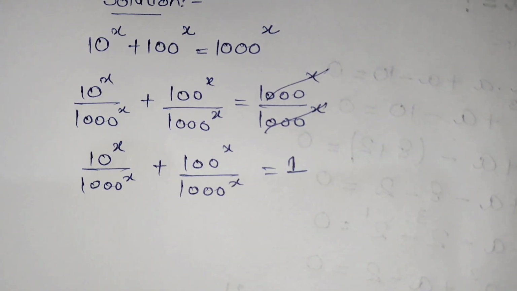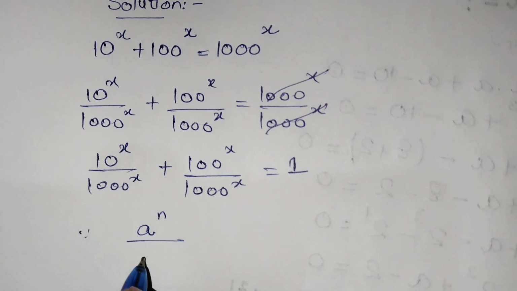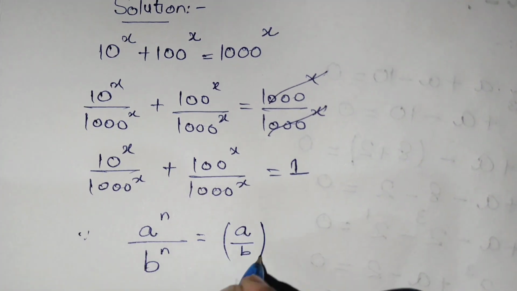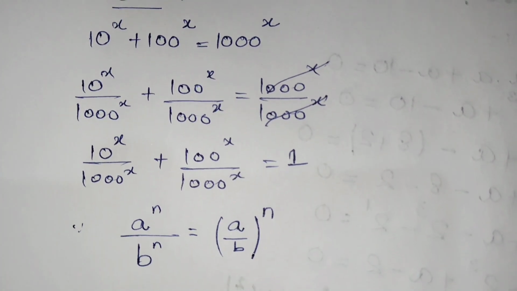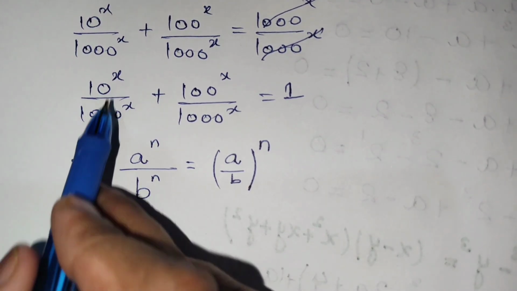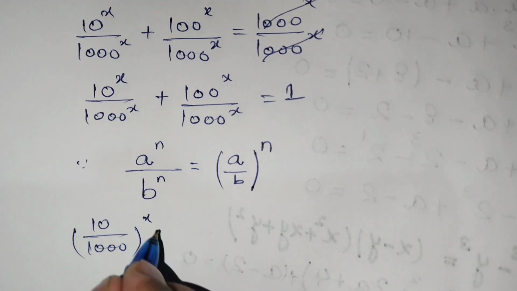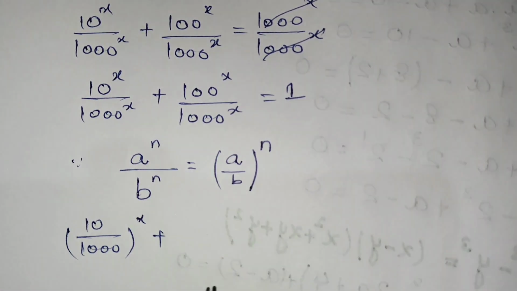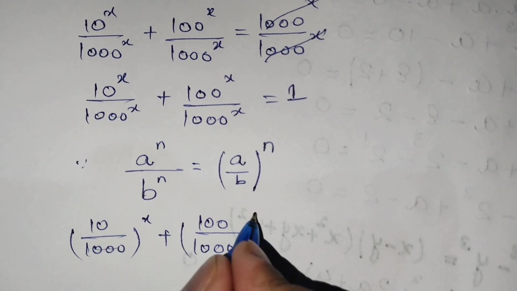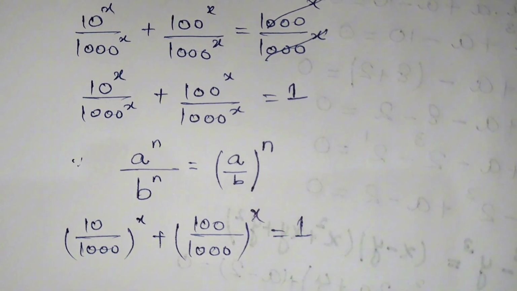Now here we will use a formula: a power n divided by b power n equals (a by b) whole power n. So the equation now becomes (10 by 1000) power x plus (100 by 1000) power x equals 1.